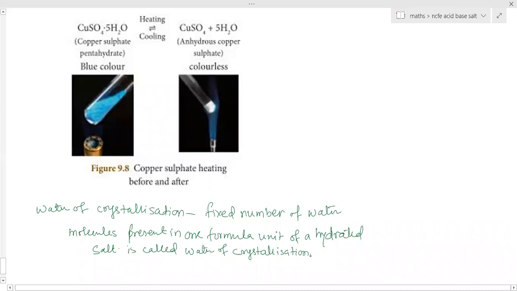When we heat blue copper sulfate, first write down the definition of water of crystallization.